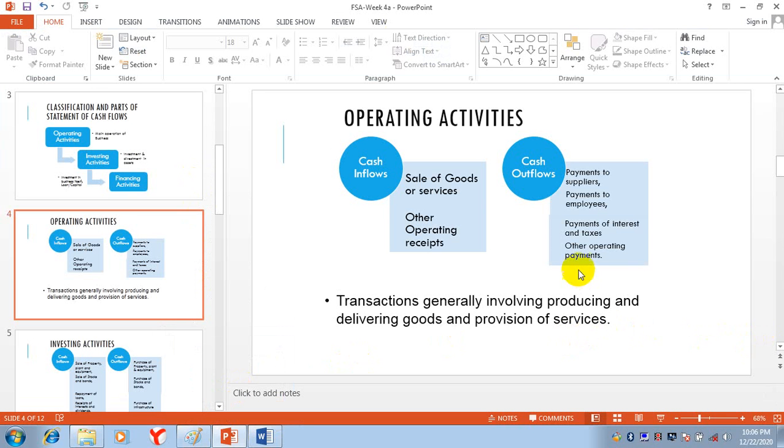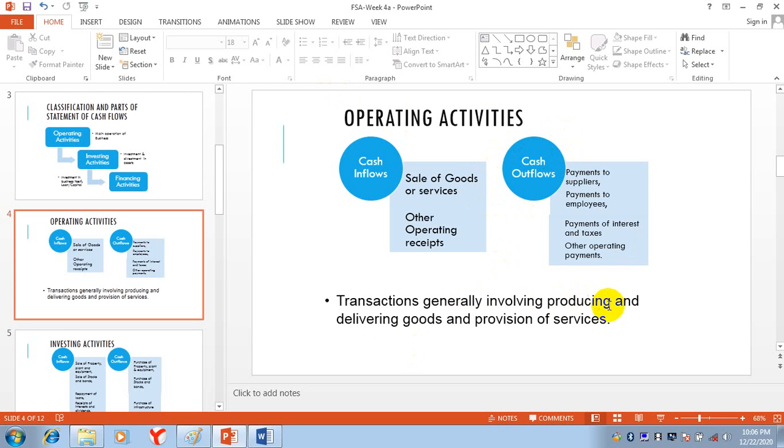And other operating payments, any operating payment, such as rent, stationery, electricity, telephone expenses, all these come in operating activities, and that will be cash outflow.